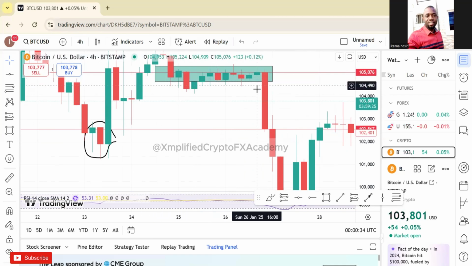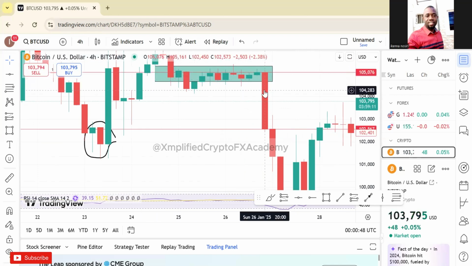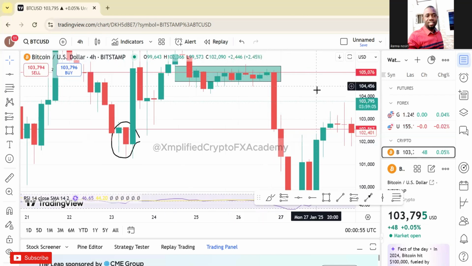It's not ideal. I'll talk about this, and I'll make it a course. But when the market begins to consolidate like this, it's telling you that one of two things is about to happen: it breaks up or it breaks down, just like this. So this is called a breakout.